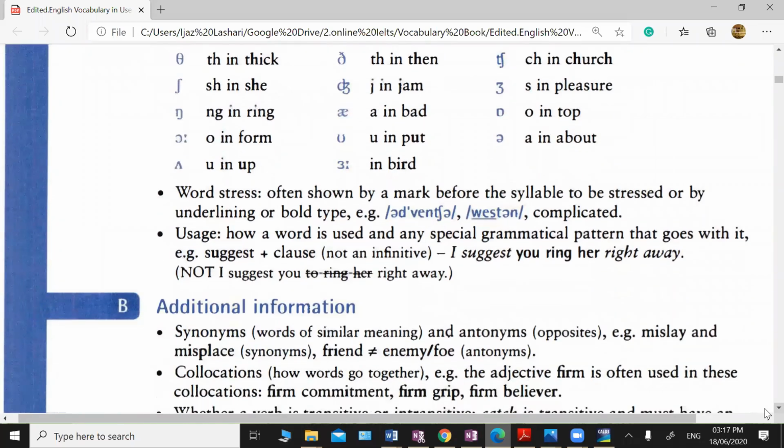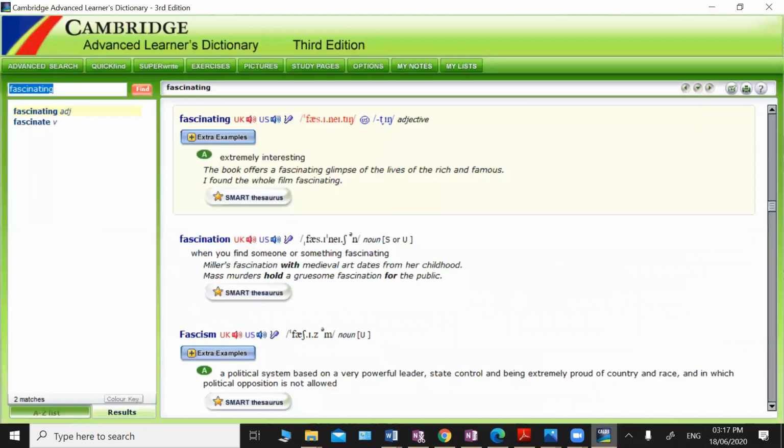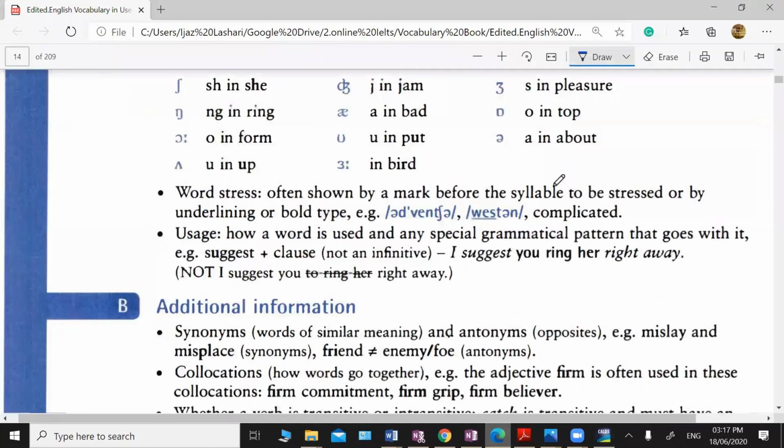Okay, as I showed you in the dictionary, every dictionary, like the one I show you here now, has these symbols for British English or American English. Sometimes the pronunciation is the same, but sometimes it's different. Mostly I look for British English, so I use these symbols which are used in British English.